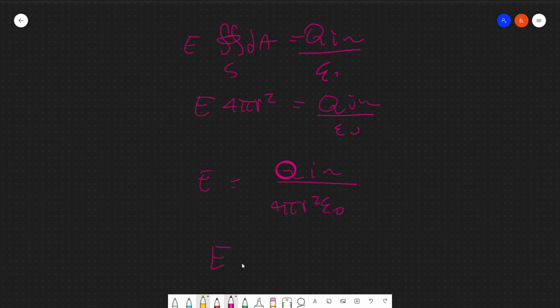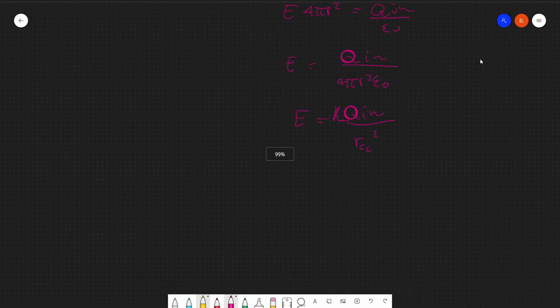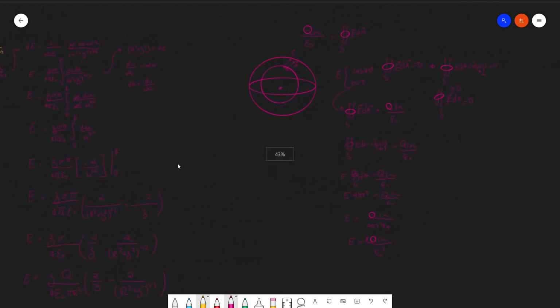Notice that this is Coulomb's constant, so it's going to be Q in times K over r squared from center to center, because Newton also proved that you can treat the sphere as a point, and so on and so forth. You can do that stuff, and I don't have to prove it. And I think this is enough.